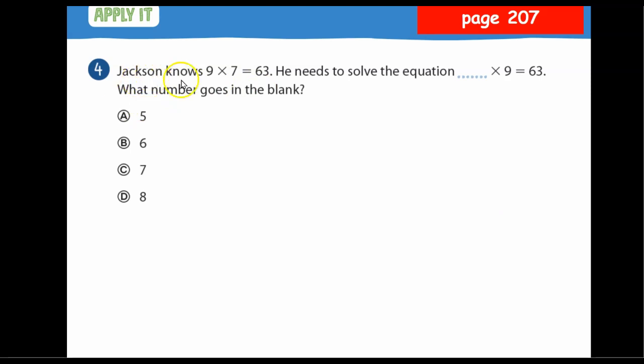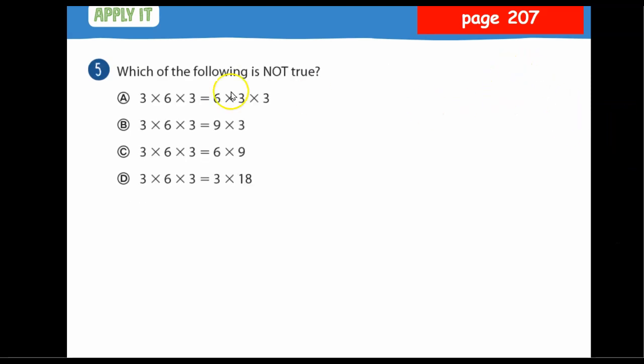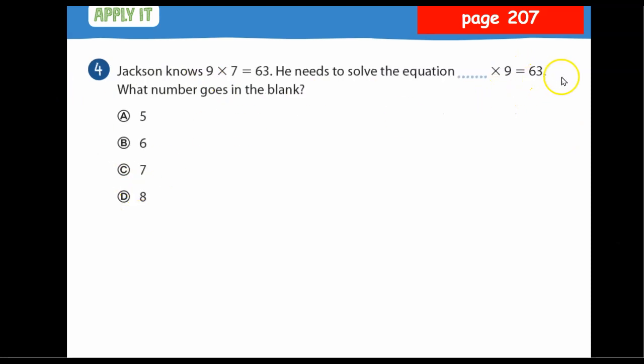All right, it says Jackson knows that 9 times 7 is 63. He needs to solve the equation blank times 9 equals 63. So what would go in the blank? 7, because look. Whoops, my bad.